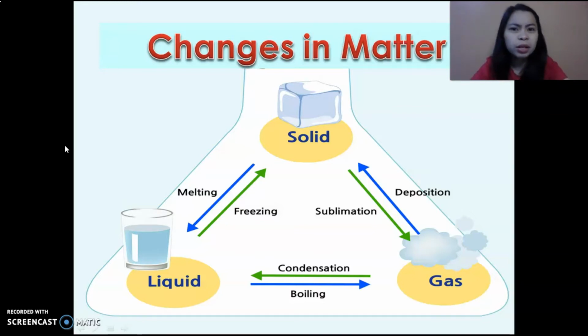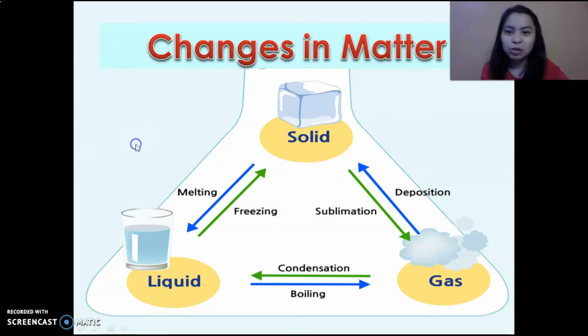And we also learned that there are three states of matter. These are solid, liquid, and gas. Very good. So today, we are going to study about the changes in matter. Okay, are you ready? Let's start.